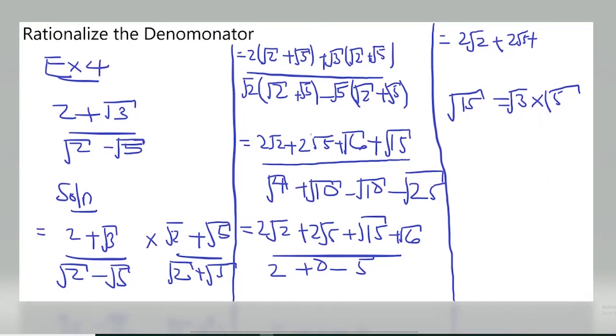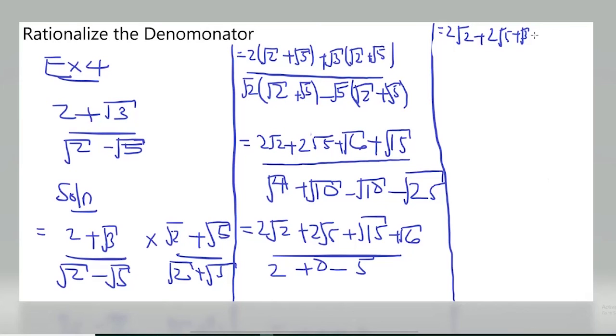Okay, so I need to simplify because I've seen a loophole of simplifying this. So this one can be written as, okay, let me add more space here. Now this one will be equal to 2 root 2, then plus 2 root 5, okay, then plus root 3. Oh, why am I doing this?